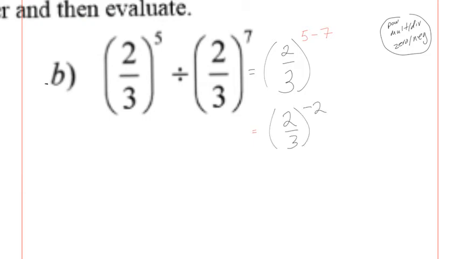Now, since we've just finished our multiplication and division, we have to look at our zero and negative exponents rule. So if it's a negative exponent and it's a fraction, we have to flip the fraction right away. So instead of 2/3, it's going to be 3/2.